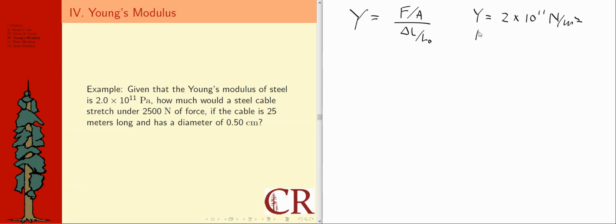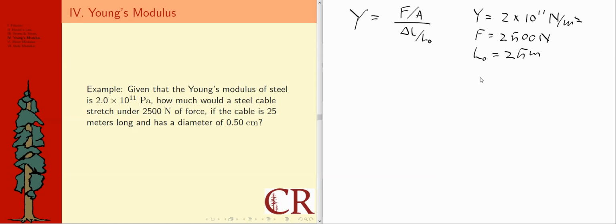Now we're given a force of 2,500 newtons. I think it's safe to say that L naught is equal to the 25 meters of the cable length. What else might we like to have? I'm given a diameter, and this formula has area in it.